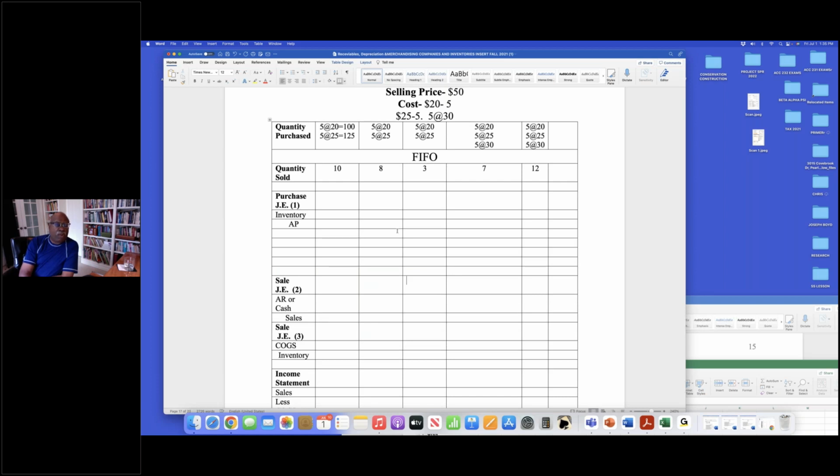Okay, so in this situation, we're going to have two inventory purchases. In the first inventory purchase, we bought five at 20, so that was 100. Second, we bought five at 25, so that was 125.